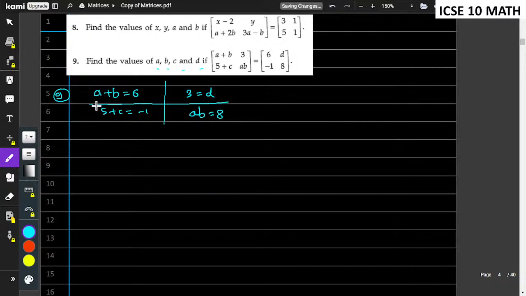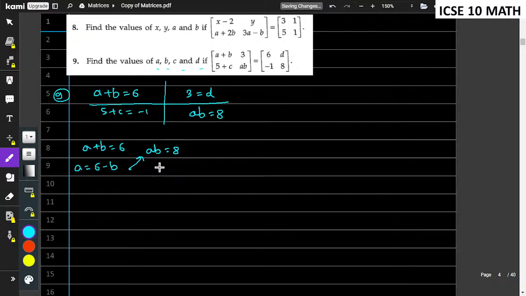Let's first find out the value of a and b. So here we take equation a plus b equals 6, and we also have ab is equal to 8. So what we can do, we can take a is equal to 6 minus b and we substitute in here. So ab is equal to 8.